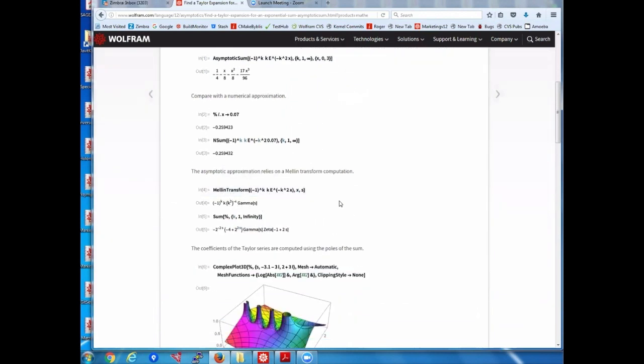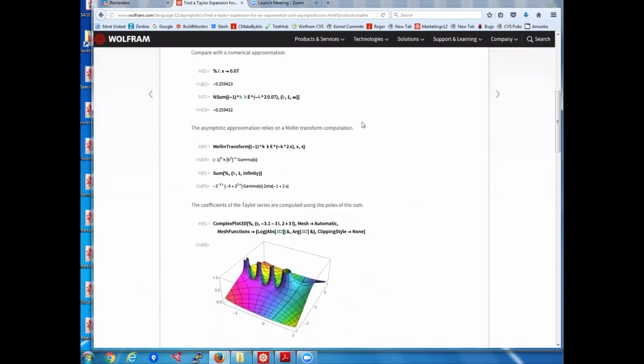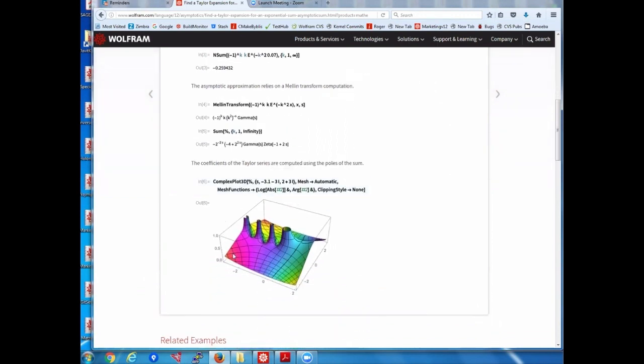So for version 11, we implemented the Mellin transform, and I wondered how useful it would be. But the point is that the singularities of the Mellin transform actually give you the coefficients in the power series over here. So that's a very nice picture with our brand new ComplexPlot3D function.